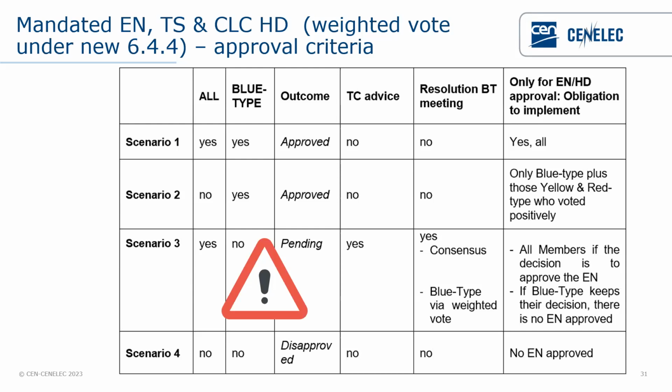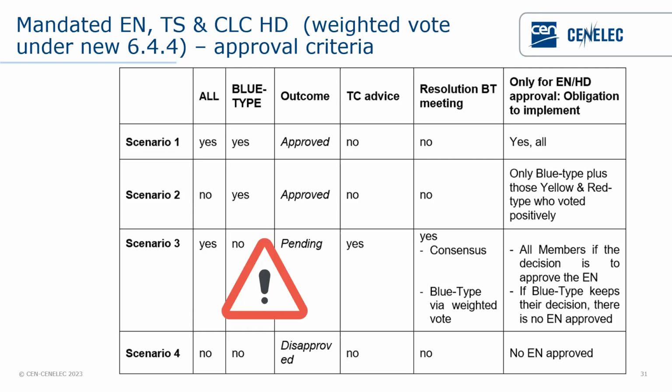Pending means that you, as TBO, a bell must ring. So you need to do something. So what do you have to do? You have to discuss, look into the results, discuss the issue, and provide advice to the BT. Because as Annika mentioned, the solution that is approved by the CEN technical boards and reflected in the Internal Regulation Part 2 is that the final decision will be taken by BT.